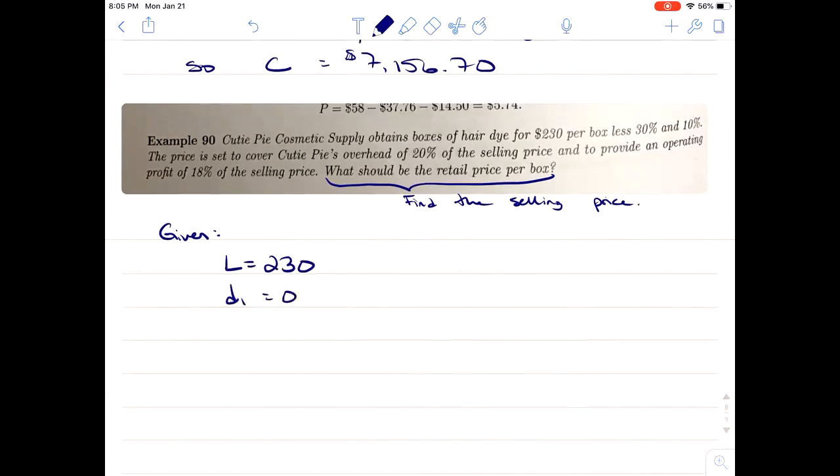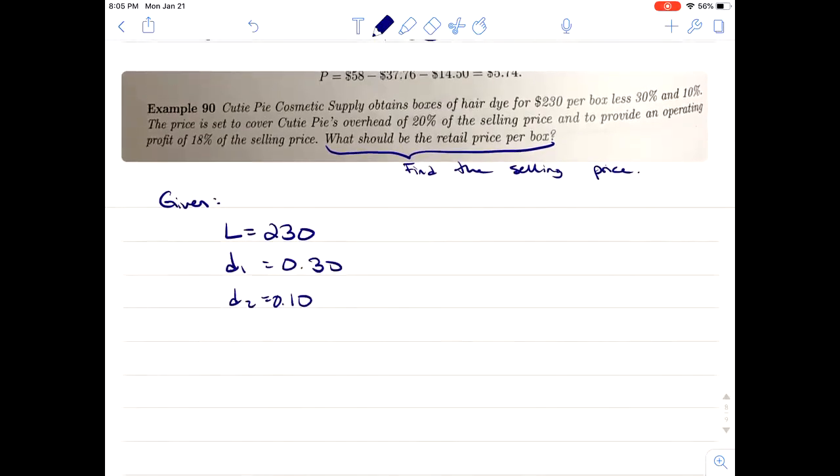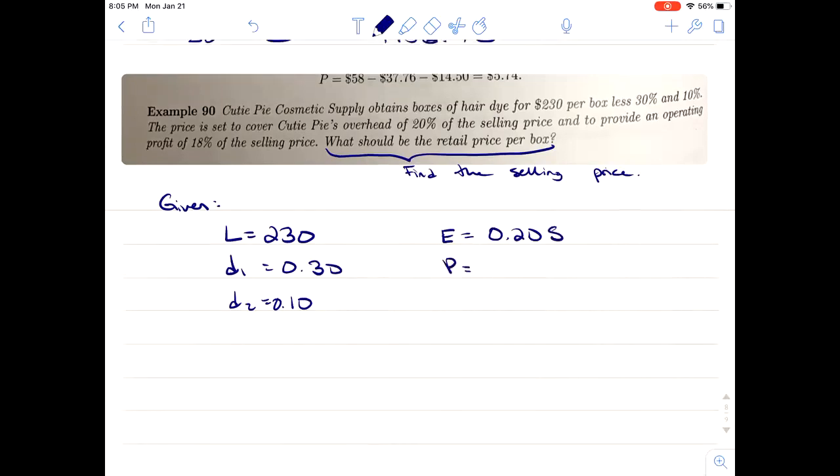Discount 1 is 30% and discount 2 is 10%. We're also given that the price is set to cover Cutie Pie's overhead, so E, of 20% of the selling price, and for profit to be 0.18 of the selling price. And we want to find S.